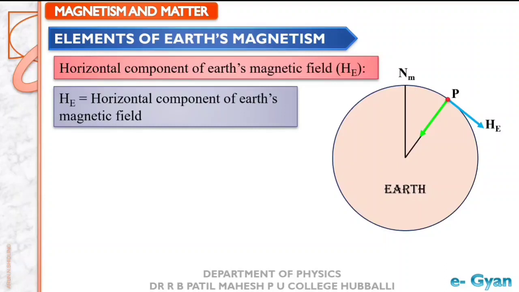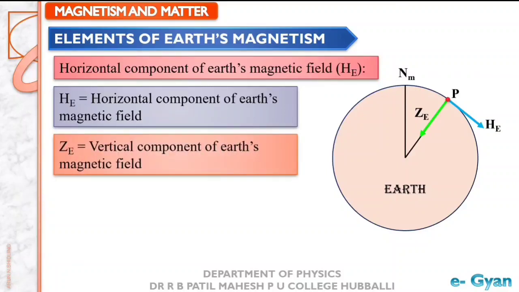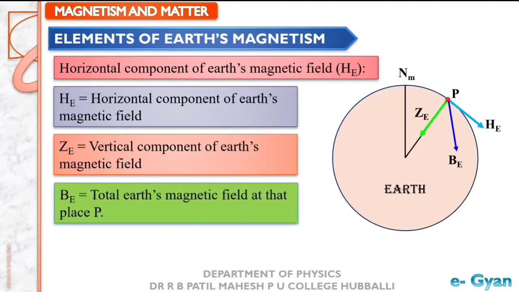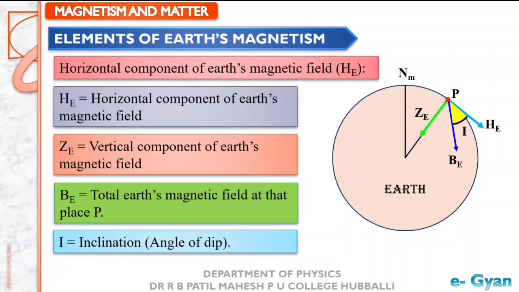Let this green line show the vertical component of Earth's magnetic field, represented with ZE. Together they give us the total magnetic field of Earth at that place P, and we know the angle between HE and BE is I. I is the angle of dip.